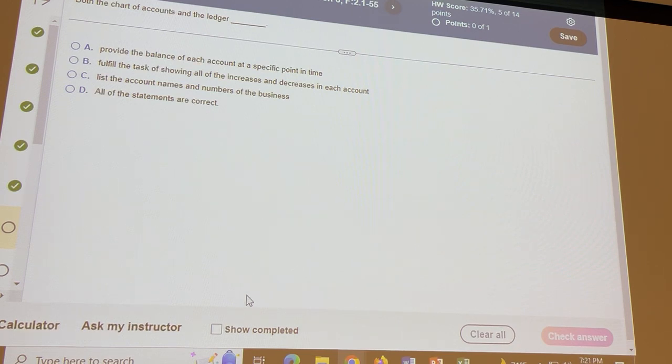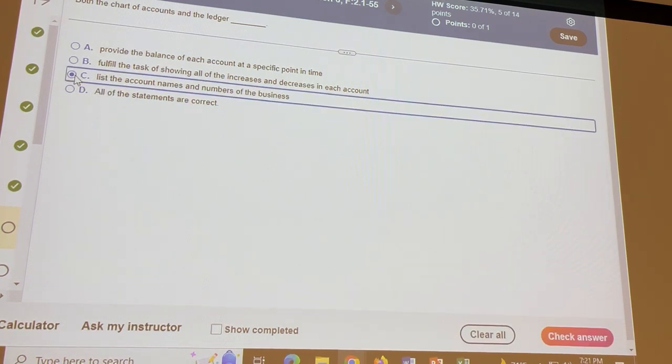Okay, both the chart of accounts and the ledger do what? What statement here would be correct? C, with account names and numbers. D. Yeah, I think it's C. Lists the account names and the numbers of the business.